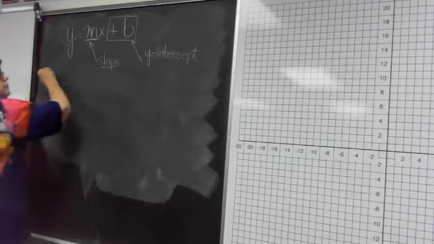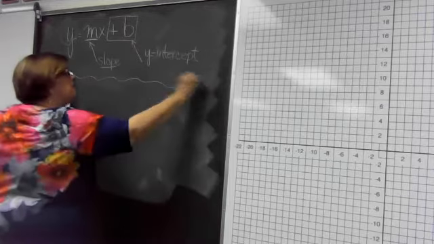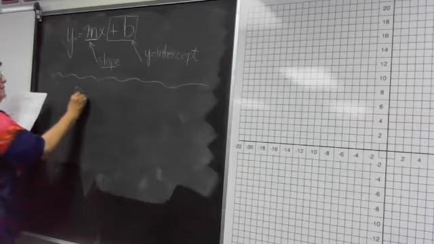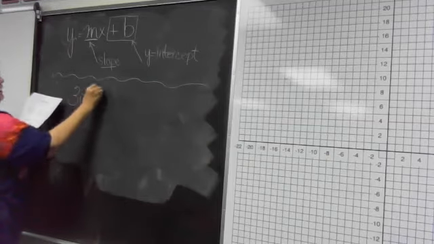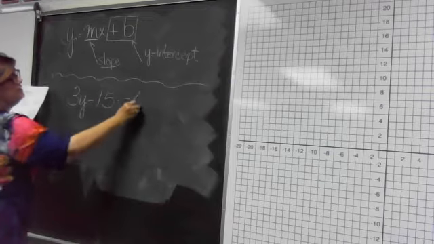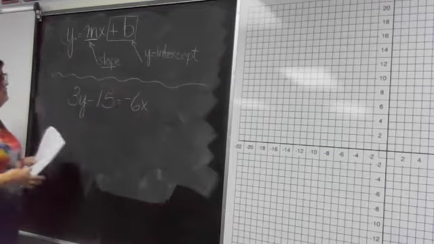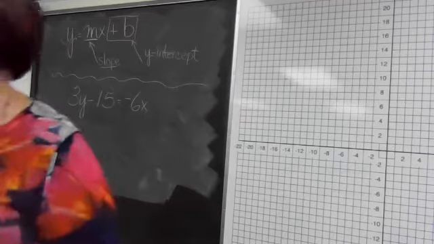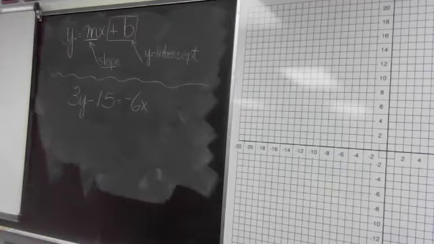Number 1 on page 6 of packet 3 says 3y minus 15 equals negative 6x. I notice that some of you still need practice solving for y, okay? Always.